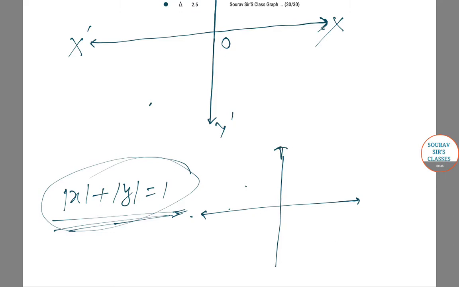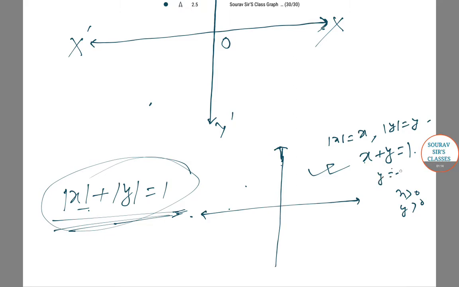When x is greater than 0 and y is greater than 0, in the first quadrant, we have mod x equal to x and mod y equal to y. So the curve will be x plus y equal to 1. So x plus y equal to 1, y equal to minus x plus 1.